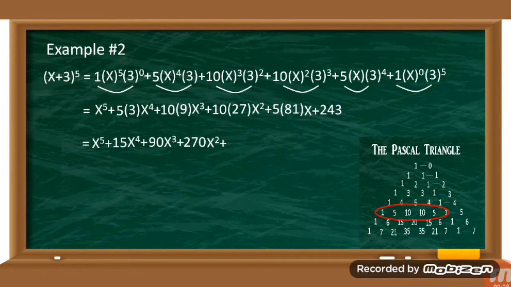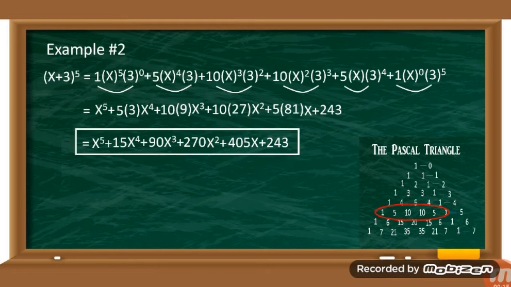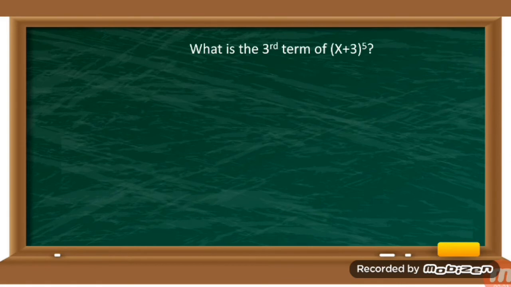Then next, 5 times 81 is 405 plus 243. So, ito ang final answer natin sa example number 2. X to the 5th plus 15x to the 4th plus 90x cubed plus 270x squared plus 405x plus 243.